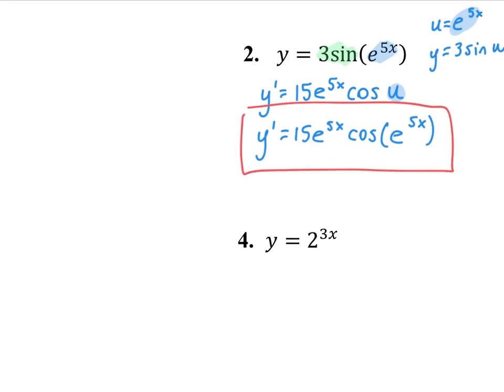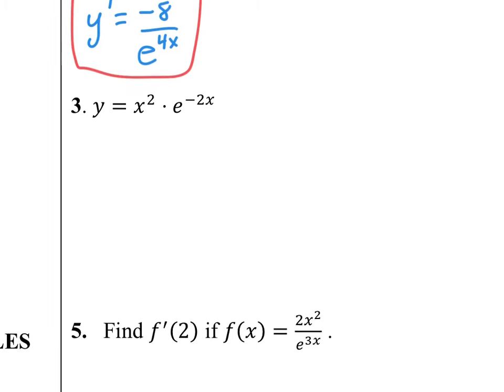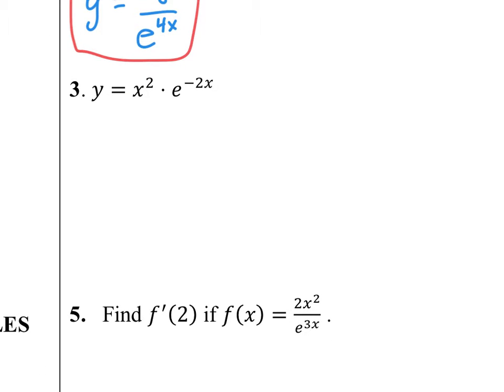In question 3, I've got x squared times e to the negative 2x. So my multiplication there requires a product rule. So this is my first, and e to the negative 2x is my second, and I'm going to run through the product rule. Here is my first function as is, times derivative of the second.